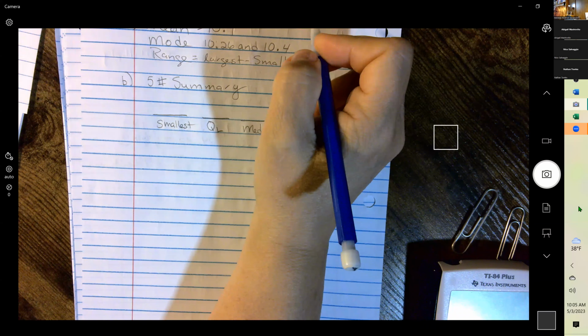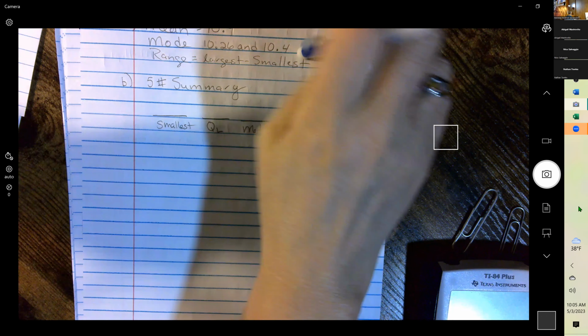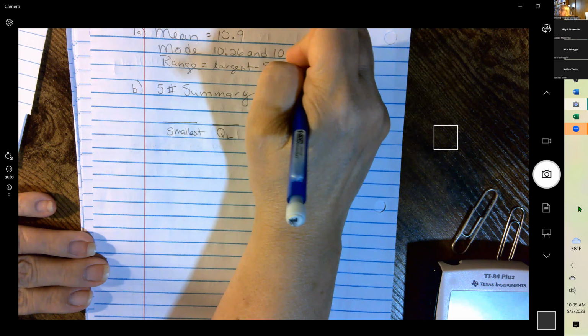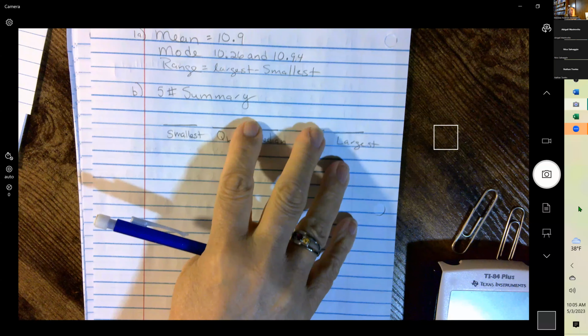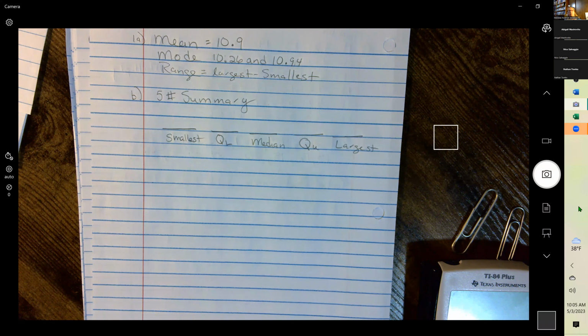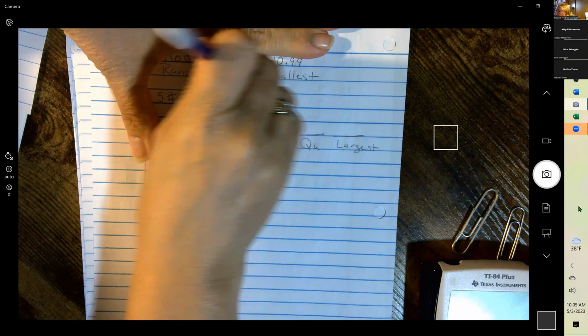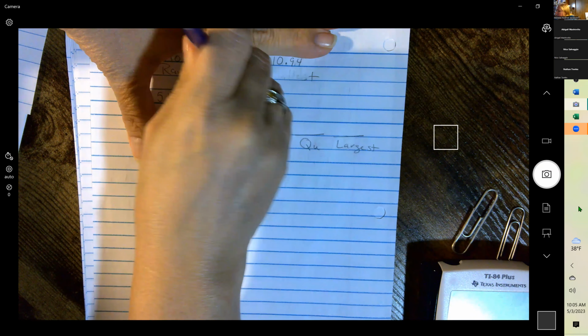Oops, it was a 9.4, 10. Since they're both there twice, there's 2 modes. And then this is easier to find the largest minus the smallest now.